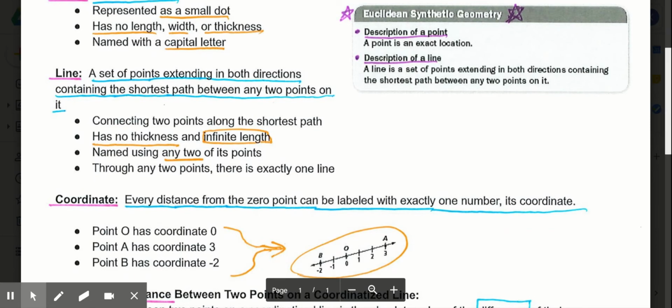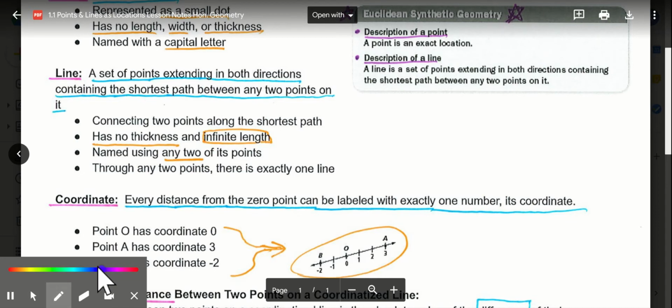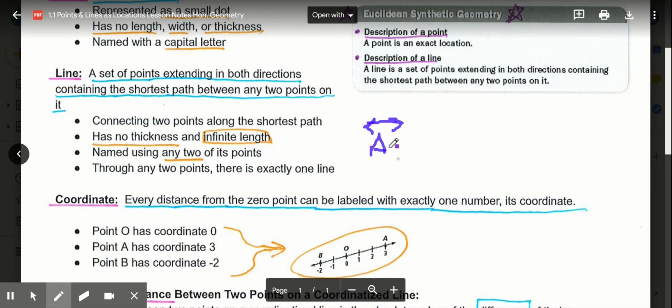So if we look down here, for example, let's say using this line, we have B, we have O, and we have A. Now what you want to know is when you name a line, and apologies for this terrible drawing, you draw a segment with 2 arrows on the end, and then if we're naming it line AB, underneath that you would write A and B. So our symbol is a line segment and then arrows on the ends.